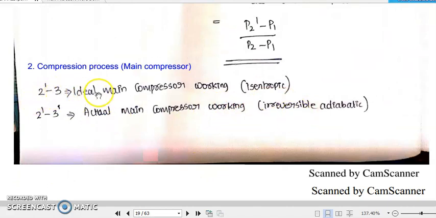So 2 dash to 3 will be our ideal main compressor working, which will be isentropic. 2 dash to 3 dash will be our actual main compressor working, or irreversible adiabatic.